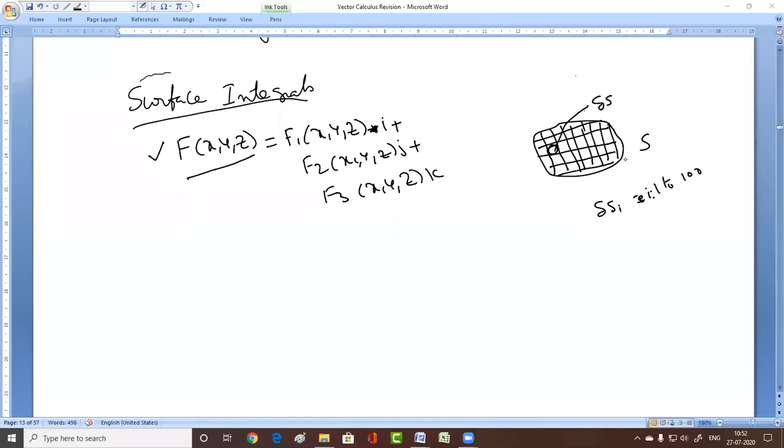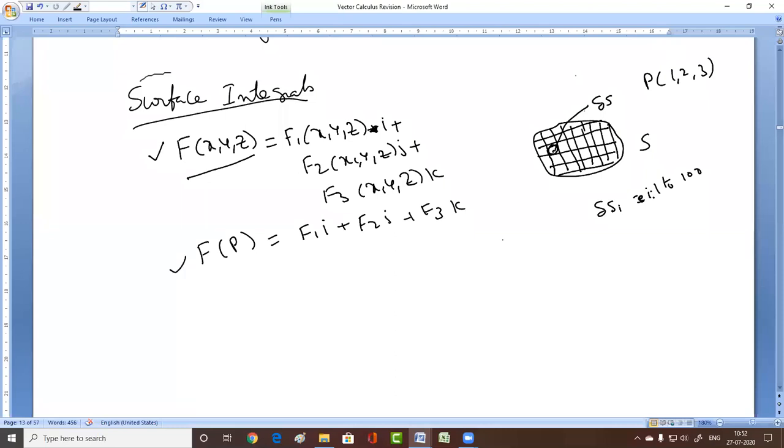Suppose you take a point P in this region delta S, then you will get a vector F1i plus F2j corresponding to the point. Suppose P equals (1, 2, 3), then you will get some vector F1i plus F2j plus F3k. Now this is called f of P.